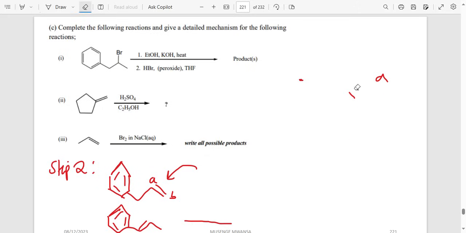Okay, so yes, that is correct. Because we are using peroxide, instead of the Br attaching to the more substituted carbon, it will attach at this carbon.